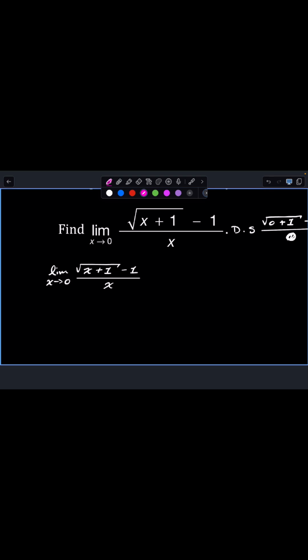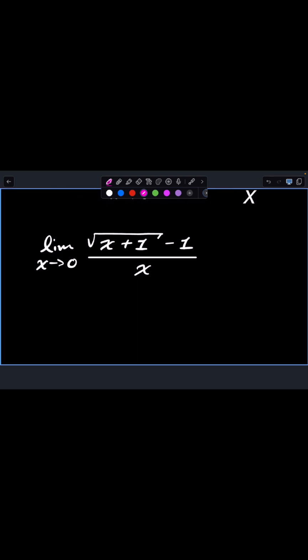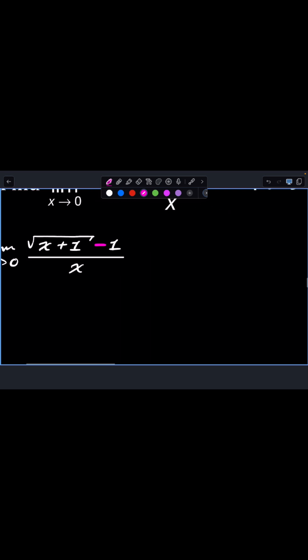I need to rationalize. Rationalization is technically a difference of squares. Also, you're trying to rationalize in the sense of the square roots. So do you see how this has an expression of the square root of x plus 1 minus 1? The minus 1 here is technically the indication of your conjugate.